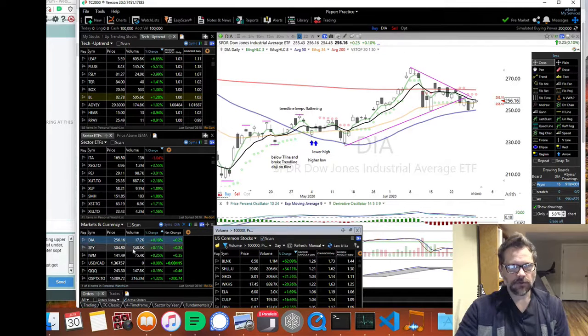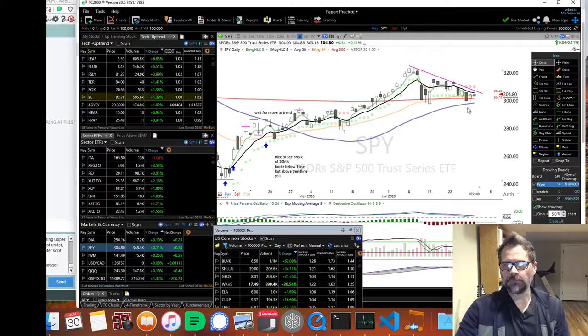If we go to similar situations in other indices, you have a lower high with the SPY, it broke down through the 8 EMA, we broke through a trend line as well here, but then the 50 and the 200 are right there, and you can see it did bounce off.